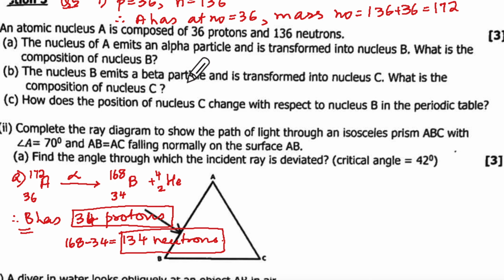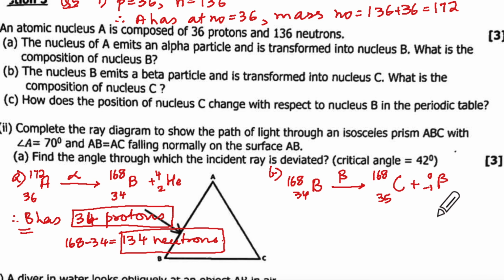Nucleus B emits a beta particle and transforms to C. So B is 168, 34, and it emits a beta particle, becomes C. So 168 remains 168 and 34 becomes 35, because one neutron from the nucleus becomes a proton, so one proton increases. Correct? Plus beta particle means 0, minus 1. Are you with me?